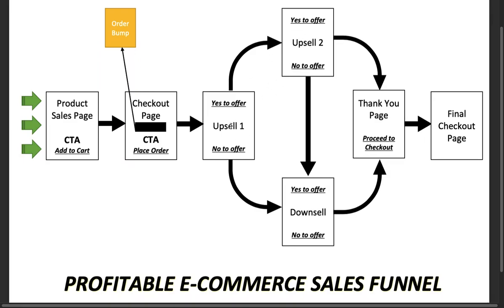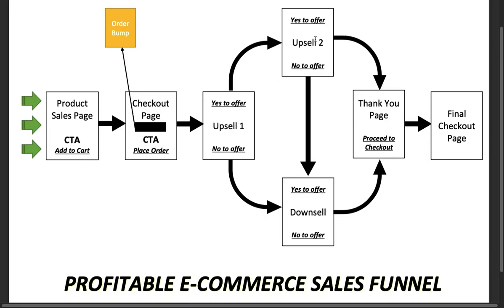If they say yes to the upsell 1, it takes them to the upsell 2. Then from the upsell 2, if they eventually say yes or no, a yes at this upsell 2 stage will take them to the thank you page. That means they've been able to add a product, an order bump offer to their initial purchase. They've been able to add an upsell 1 offer.